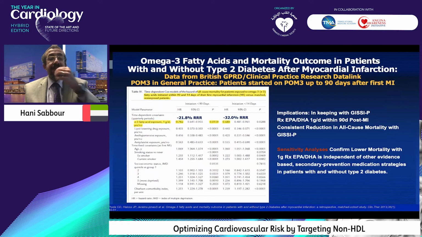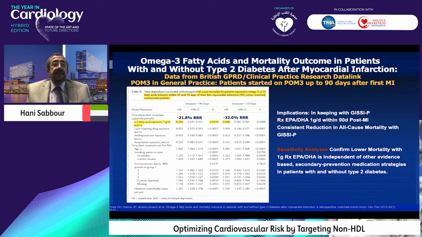One of the important things, this is from the British GP General Practice Registry. They use the GISSI prevention guideline, giving patients EPA DHA within 90 days post-MI, and they compared this practice over many years, but they looked specifically at those initiated within 90 days and those initiated within 14 days.